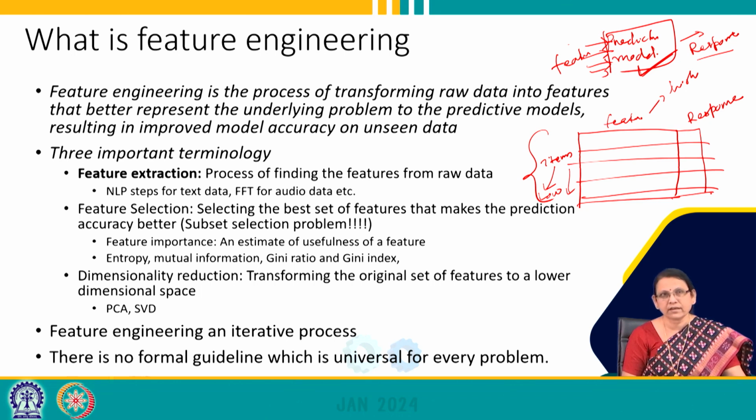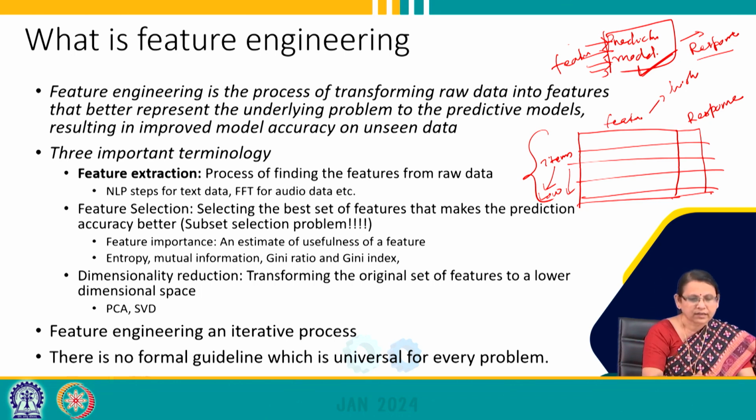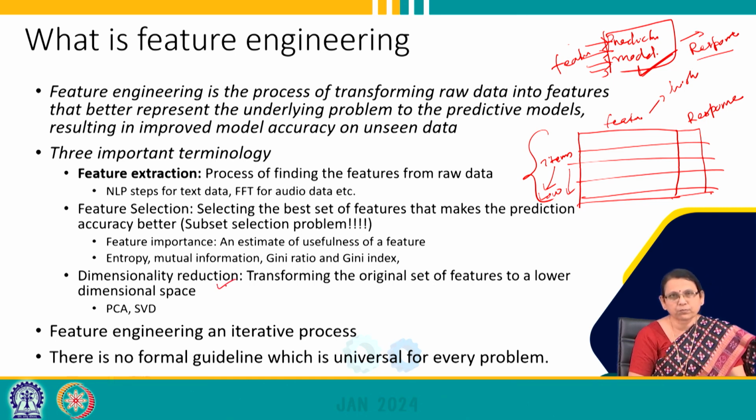But to this end, we have another important terminology in feature extraction, that is dimensionality reduction. It is about transforming the original set of features to a lower dimensional space, and in this regard we have already studied PCA, that is principal component analysis, and singular value decomposition.